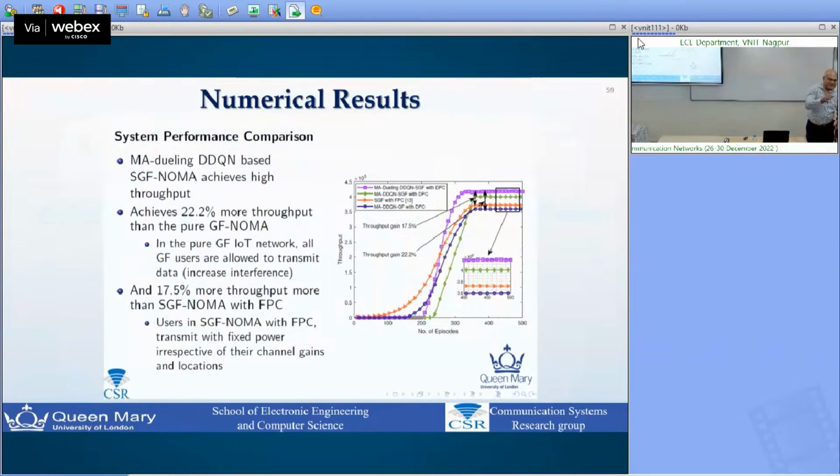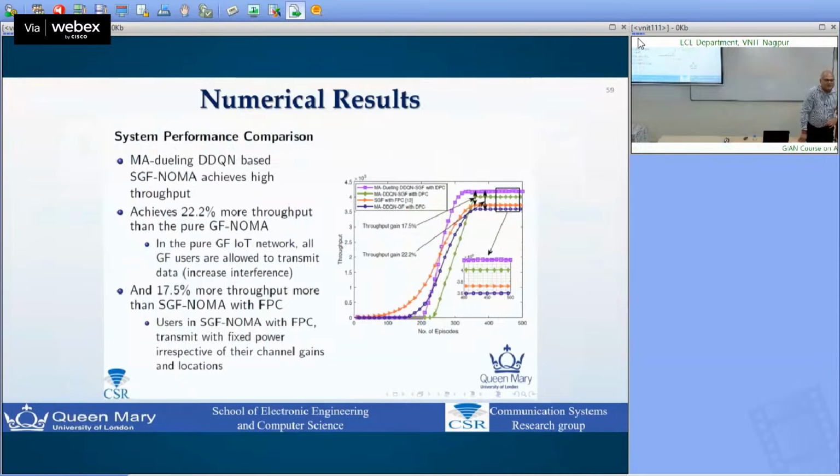If you fix it, sometimes you are going to interfere with the grant-based user, because your power is high. Even if you allocate high grant-based power, if the channel gain is a worse channel, the power received from the grant-based user is going to be very low.